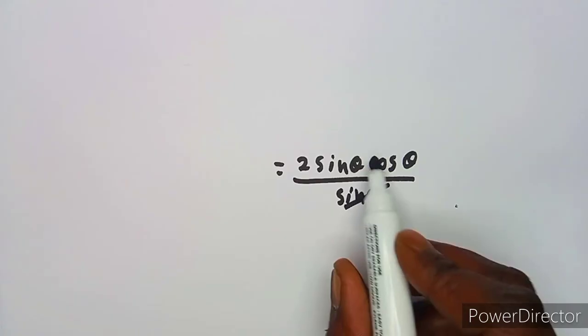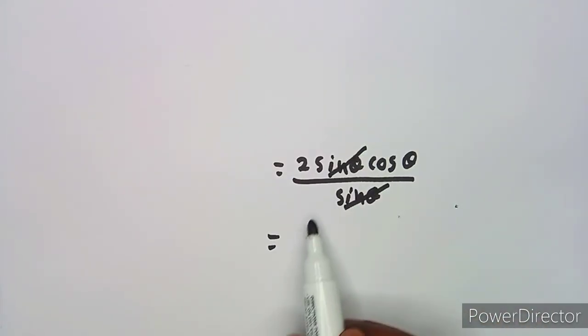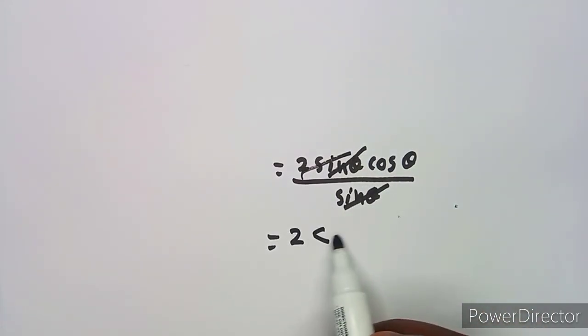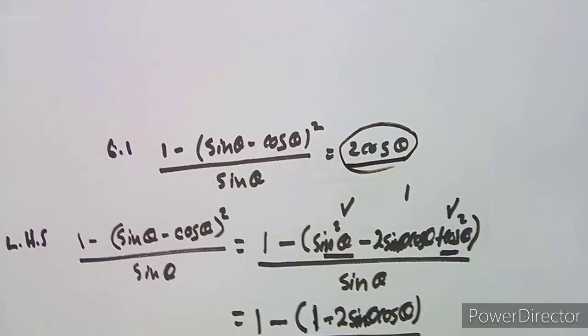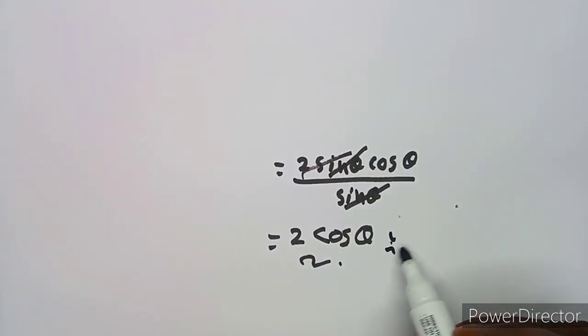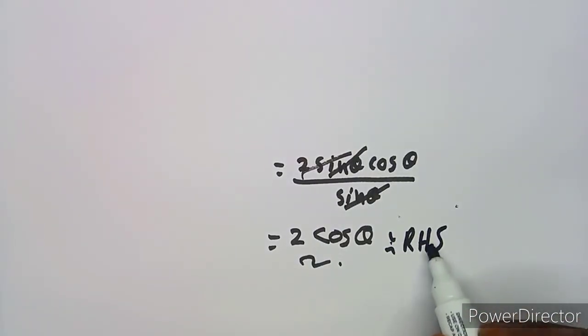Cancelling the sine theta, you are left with 2 cos theta, which is the one that we have on the right hand side. So as we can see, this is the same as what we have on the right hand side.